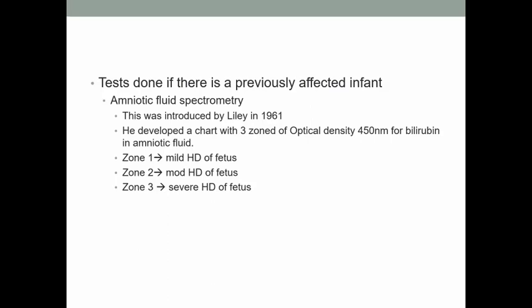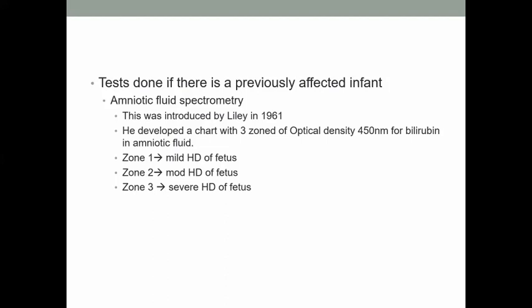So we can do two things to see whether this baby is getting anemic due to cross passage of antibodies and destruction of that baby's red blood cells. One thing we can do is the invasive testing. That's what we do: we take amniotic fluid every week or two, and we do amniotic fluid spectrometry.